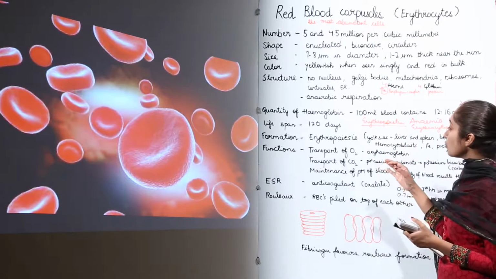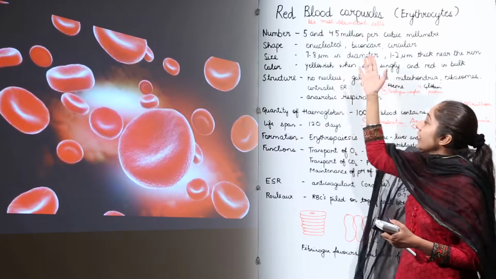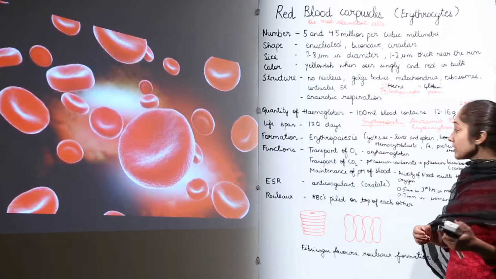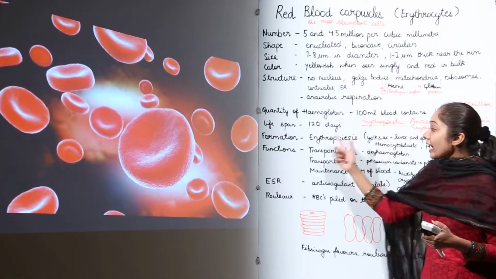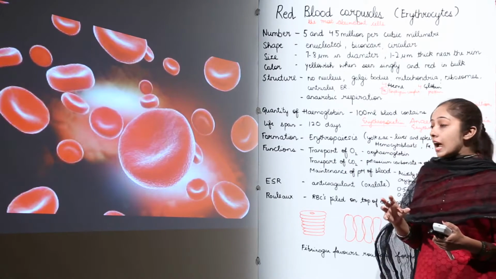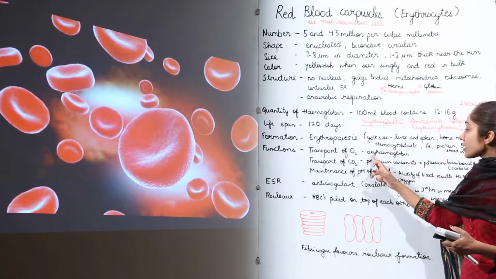Then let's come to the functions of the red blood corpuscles. The very first important function is the transport of oxygen. The hemoglobin in the RBCs combines with oxygen and forms what? Oxyhemoglobin.